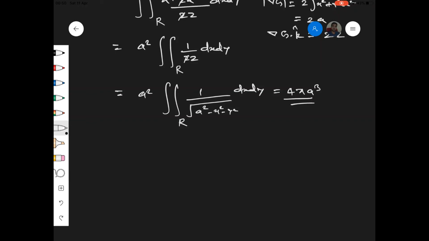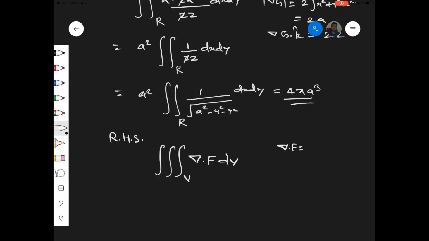Now let's come to the right hand side. For the right hand side, what we needed is the divergence of f. This is the right hand side of the Gauss Divergence Theorem. So let's first evaluate the divergence of f.